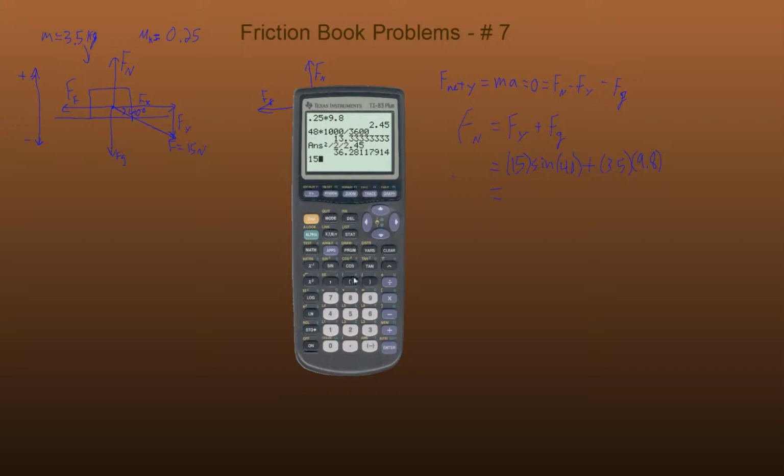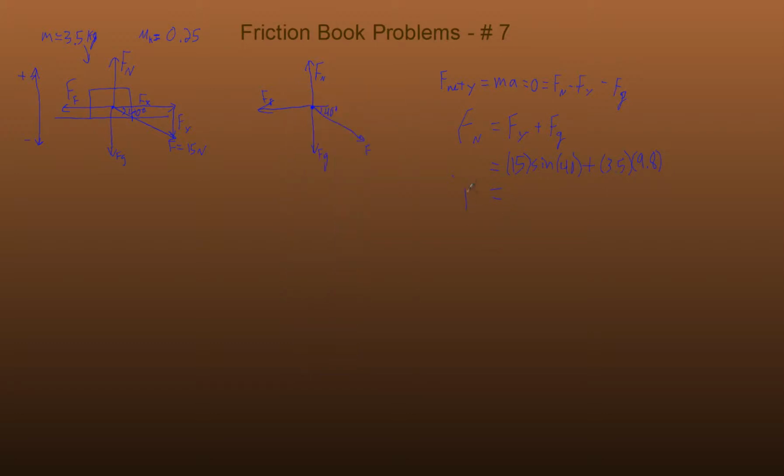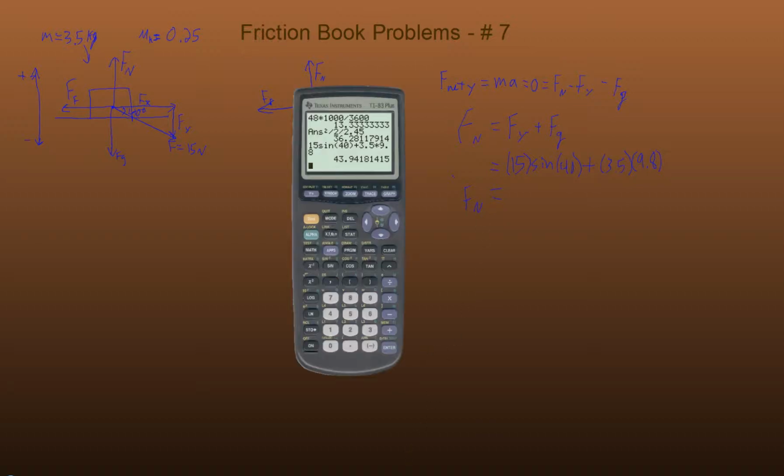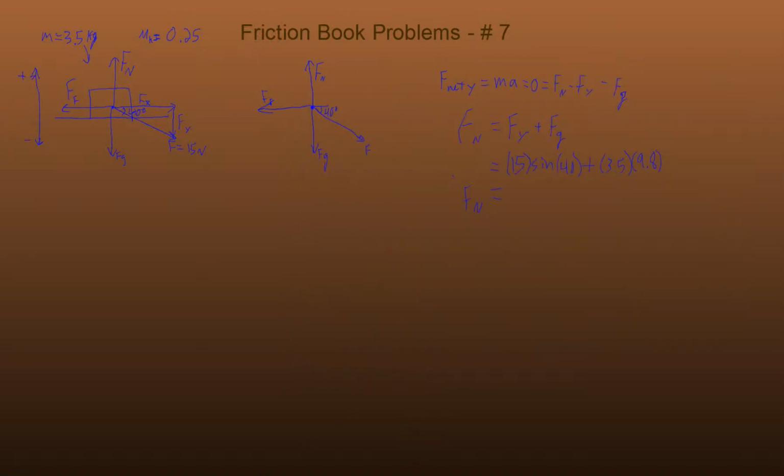Whew. 15 sine 40 plus 3.5 times 9.8. Fn equals 43.9 newtons. So that's the normal force.